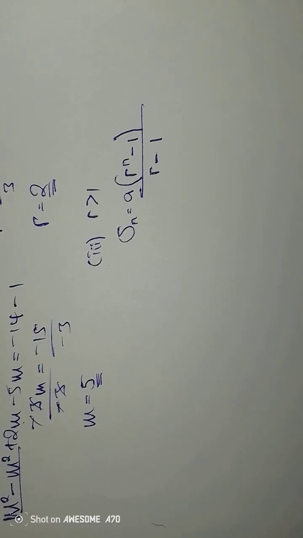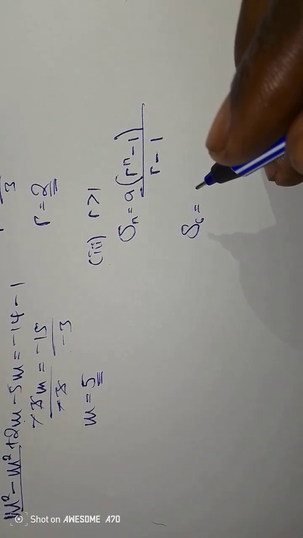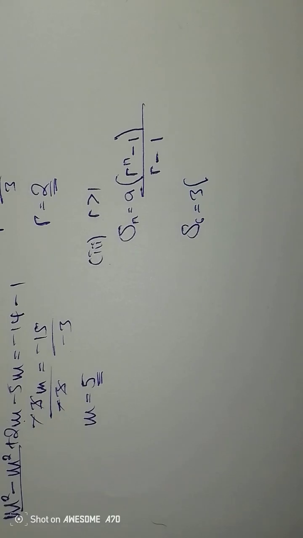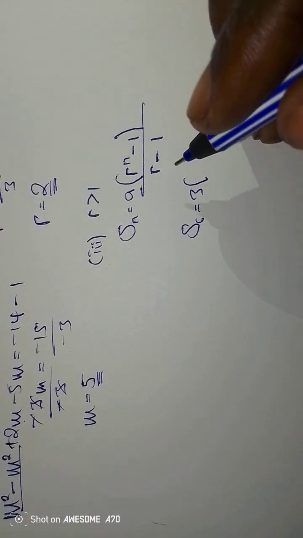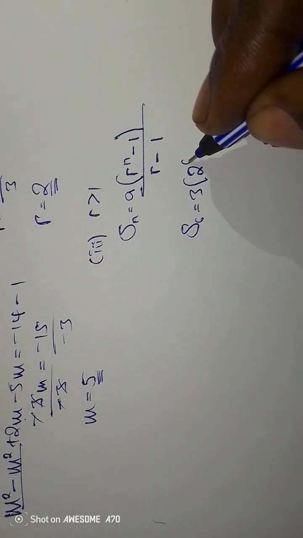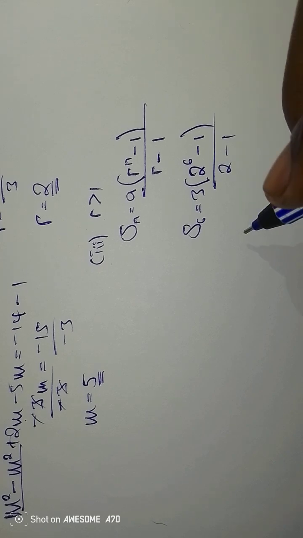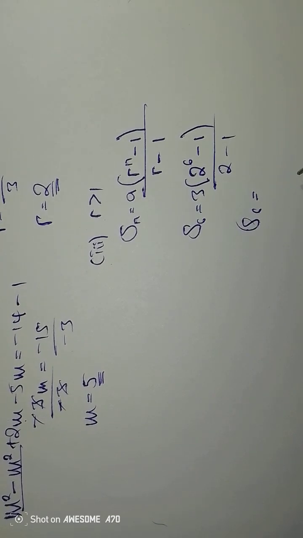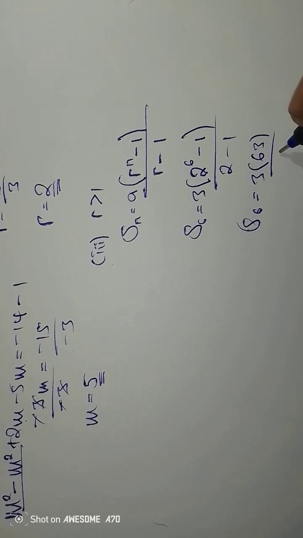So let's solve. The sum for the first 6 terms is equal to our first term, which is 3, multiplied by 2 to the power 6 minus 1, over 2 minus 1. 2 to the power 6 is 64. 64 minus 1 is 63, over 1.